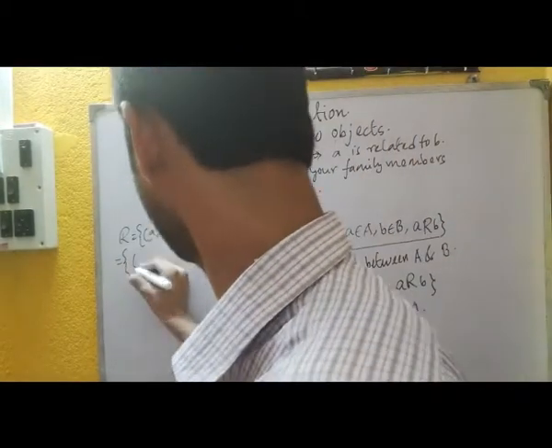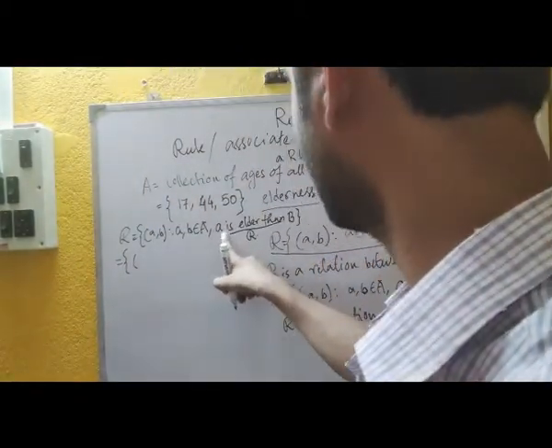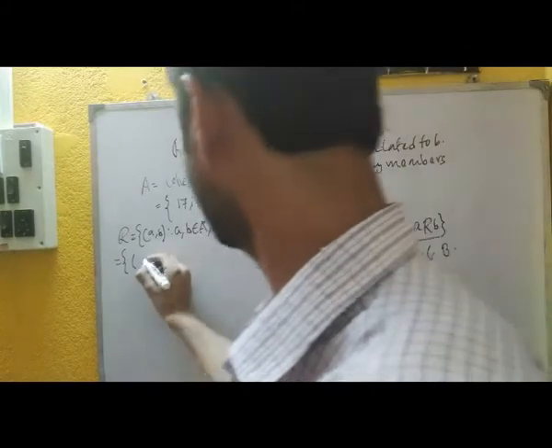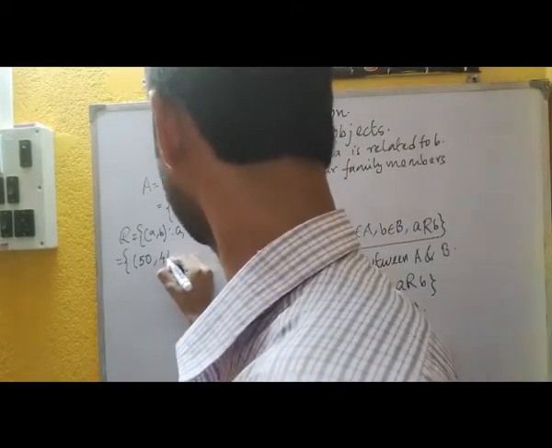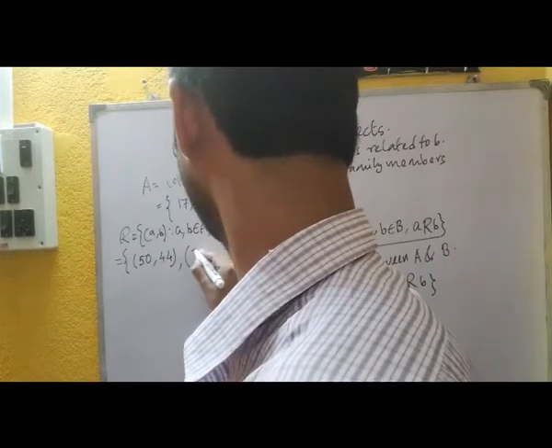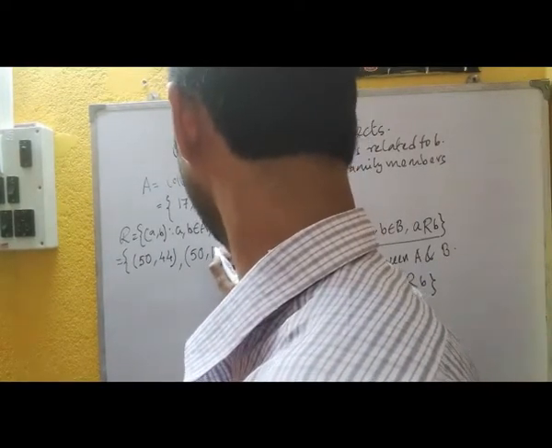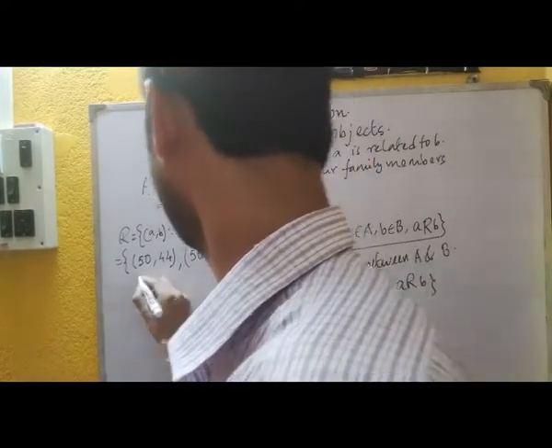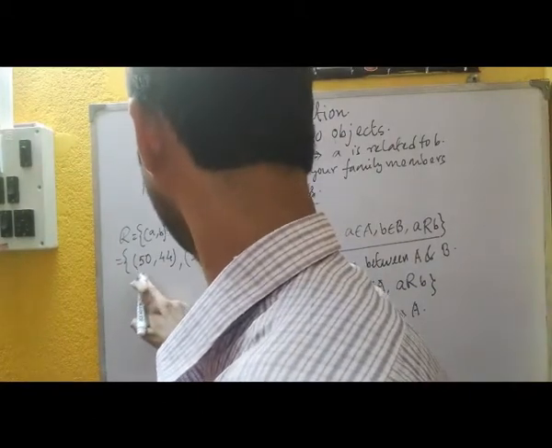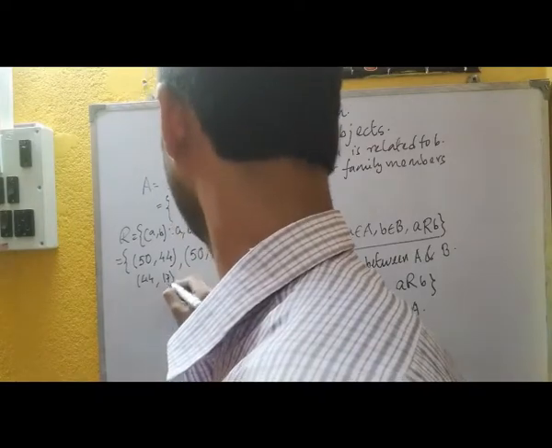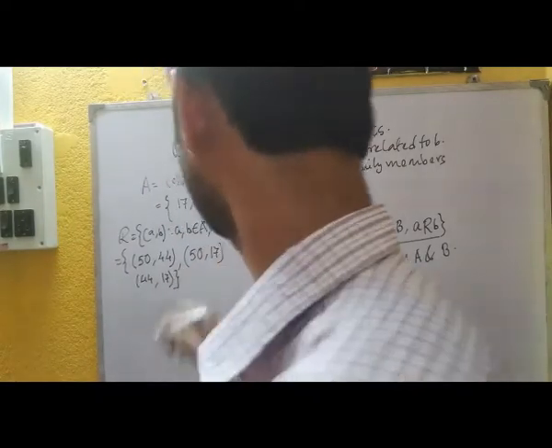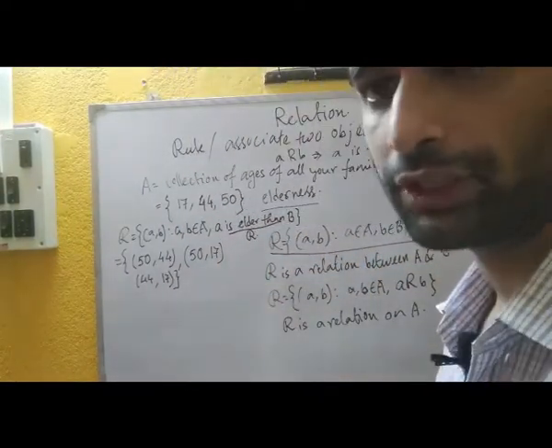So first of all, since A is the elder one, we can say this 50 is elder than 44, then 50 is elder than 17, then 50 is done, then 44 is elder than 70, and there is no pair with 70 in the first position.